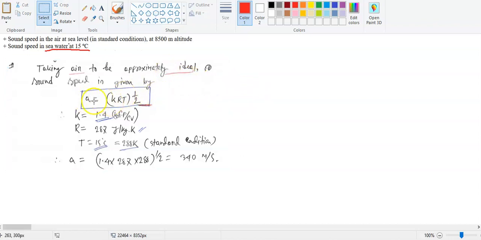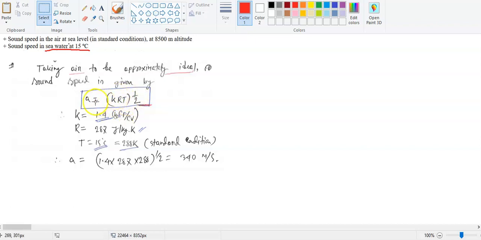This is the formula to calculate the airspeed, or the speed of sound in air. It is a equals square root of k, R, T. If we consider air as an ideal gas, then this is the relation.